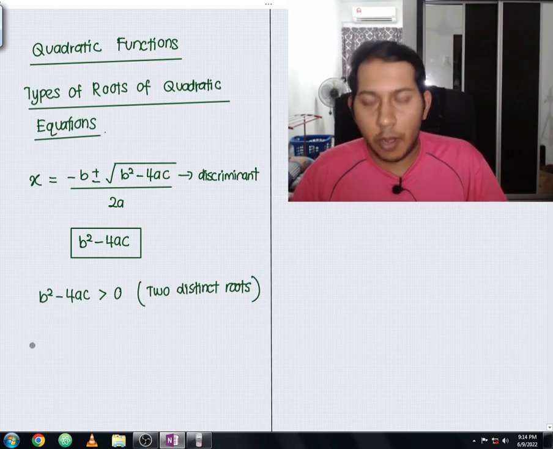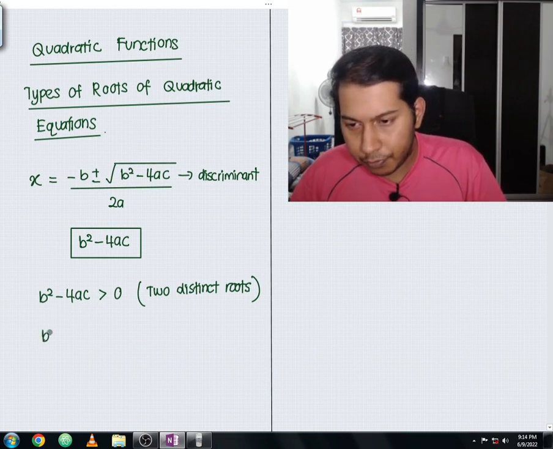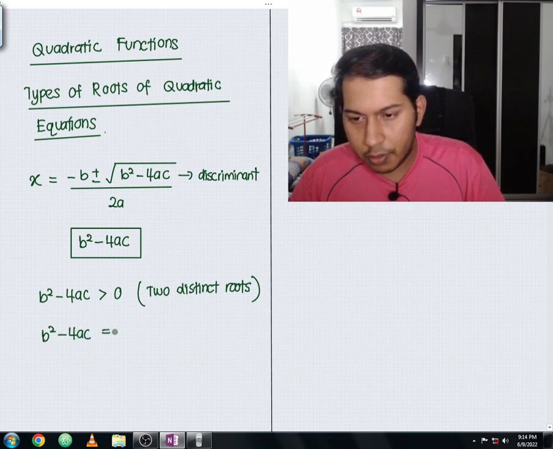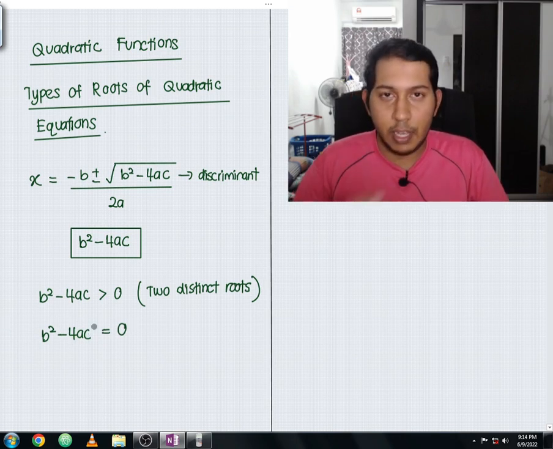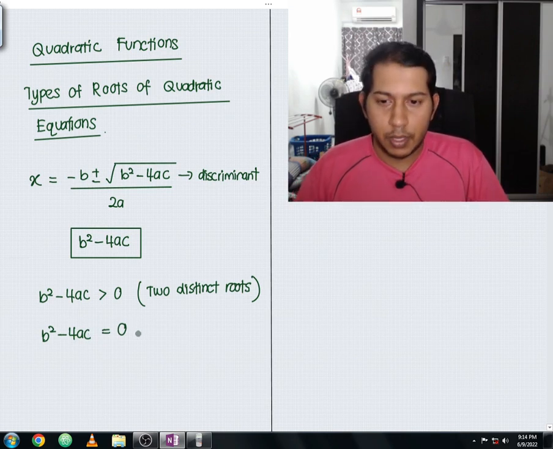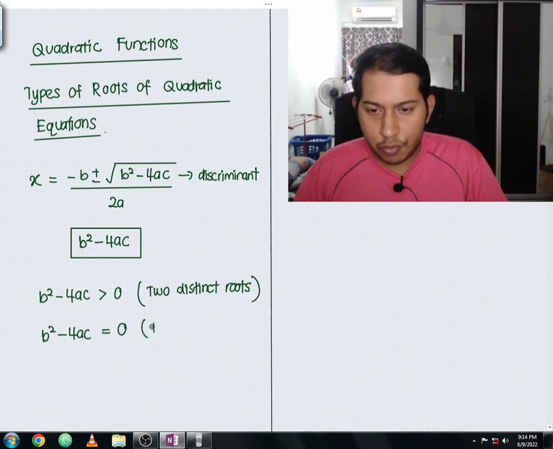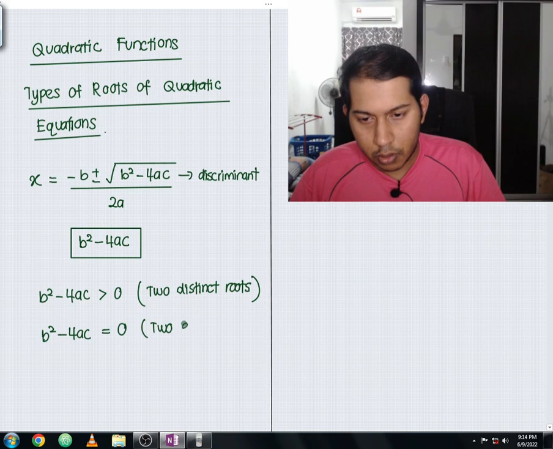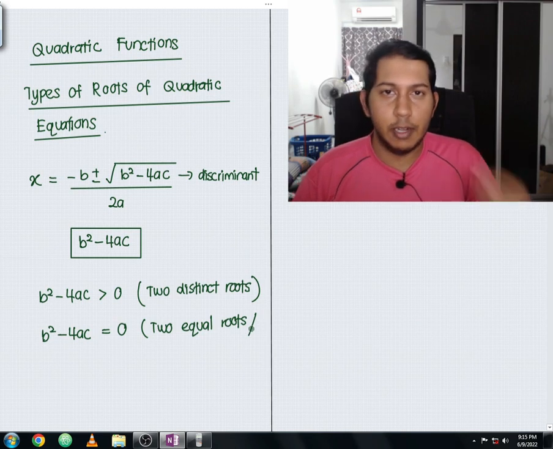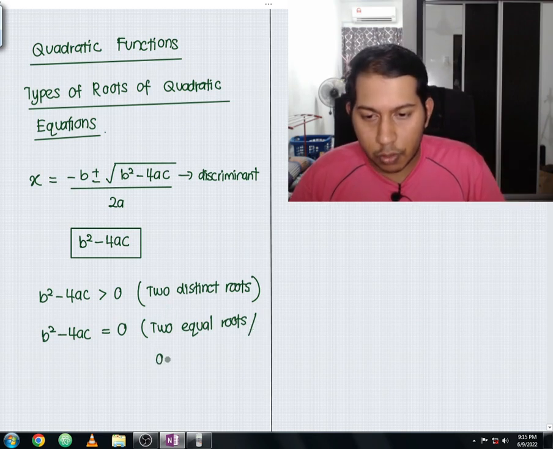How about when your b squared minus 4ac equals 0? When it equals 0, you will have two equal roots, or sometimes you can address it as one root.